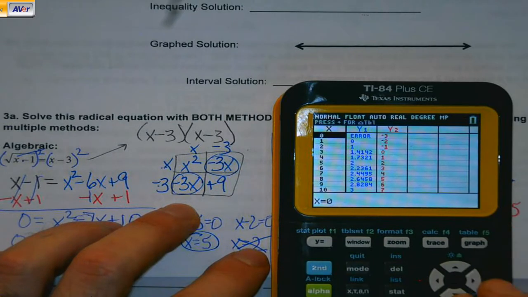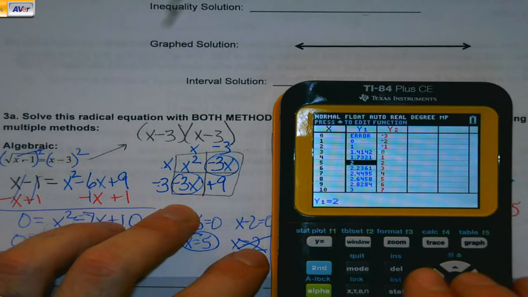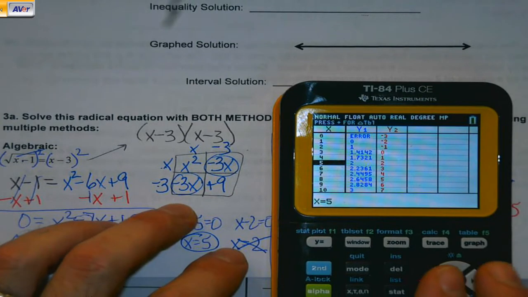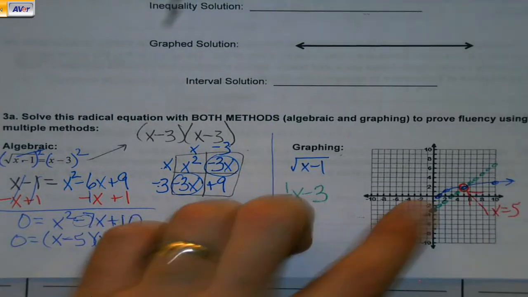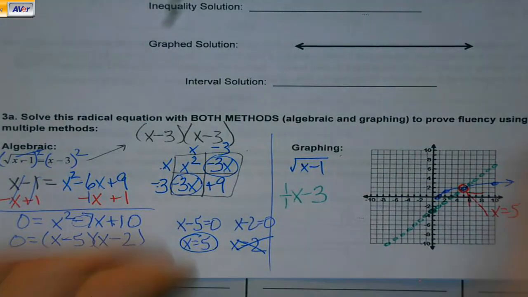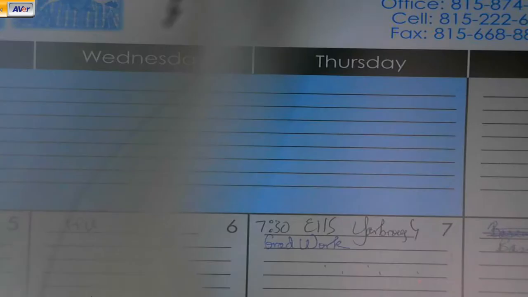And then if you looked at the chart, and we talked about this before, you could go down until you found the place where the y values were the same in both, and then the x value is just going to be your solution. You'd still need to graph the lines, but you'd have the points to use, and you could do it that way too. So lots of options, lots of availability for us. And so that'd be the same thing for 3b.